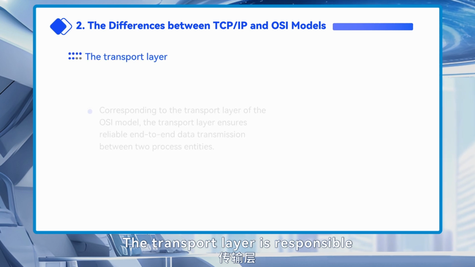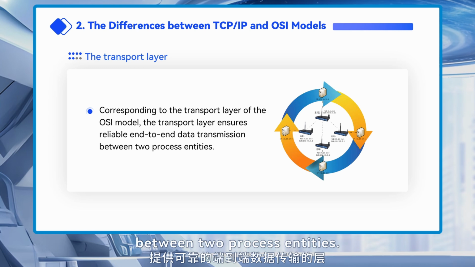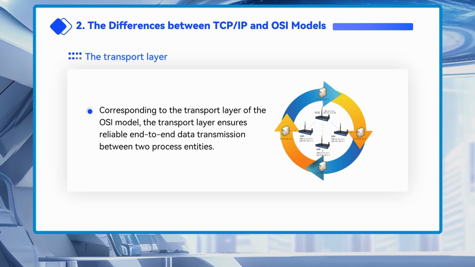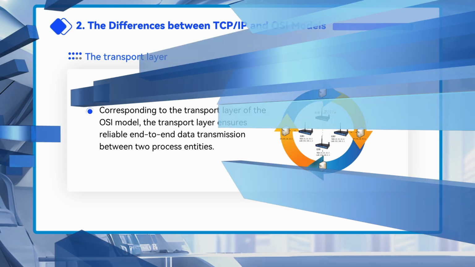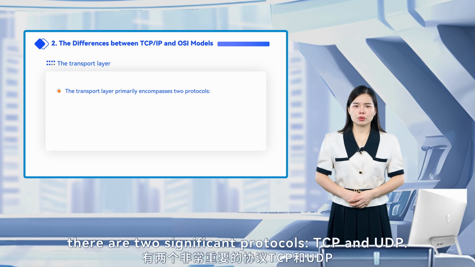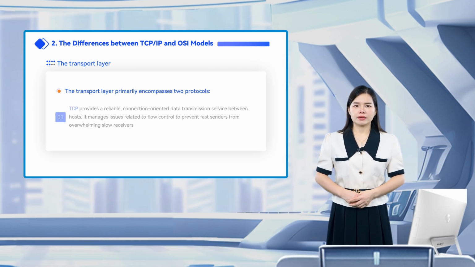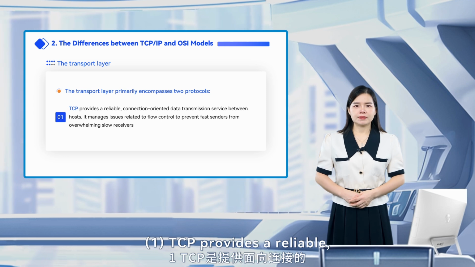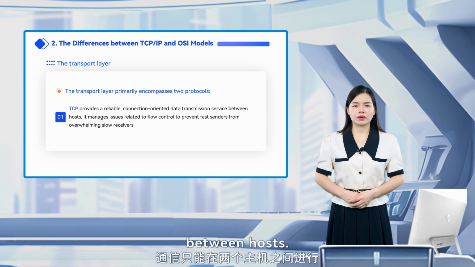The transport layer is responsible for providing reliable end-to-end data transmission between two process entities. It corresponds to the transport layer of the OSI model. At the transport layer, there are two significant protocols, TCP and UDP. 1. TCP provides a reliable, connection-oriented data transmission service between hosts.